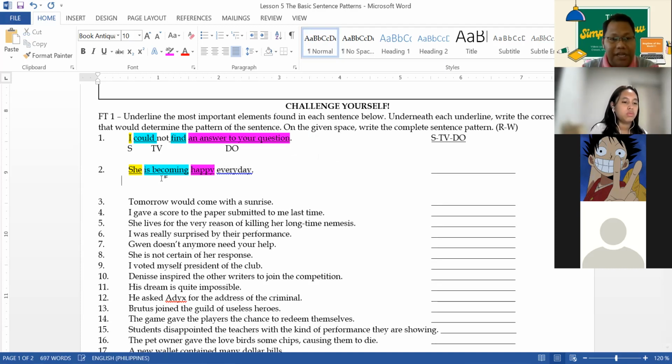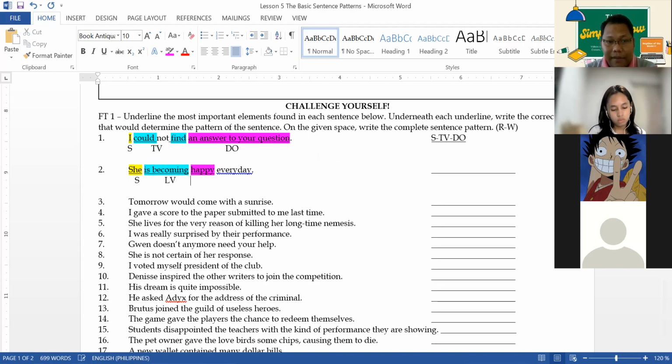How do we classify she? We call she your subject. Is becoming. From the word becoming, unfortunately, we cannot see any action. There's none to see as an action from the verb is becoming. It rather qualifies as a dormant verb, a linking verb at that.